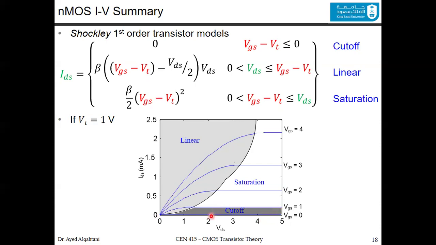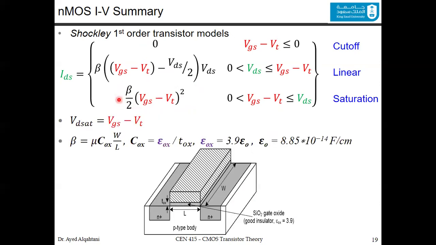Now, of course, to find this, we apply these values, and we need to know what the beta value is. It's good to know first that this quantity, VGS minus V threshold, is called the VD saturation. Now, to calculate the beta, it's equal to mu, which is the mobility of the electrons.